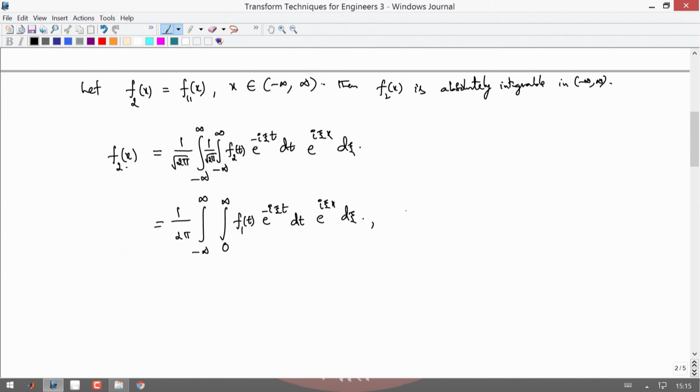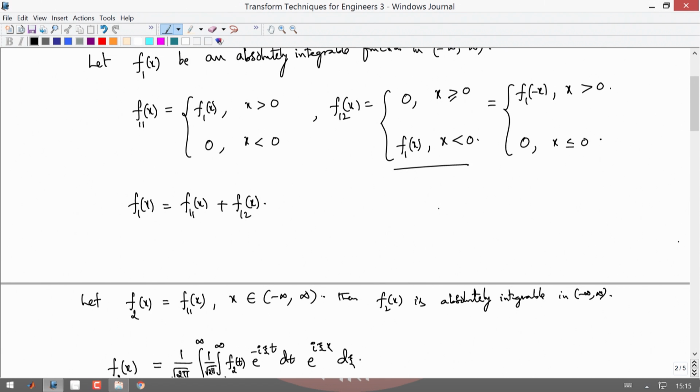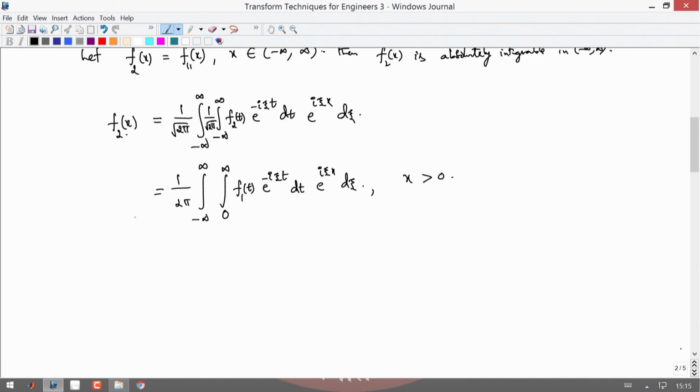So, if I choose the x positive side, I can write what is f 2. f 2 of x, x positive side, is the same as f 1 1 of x, and f 1 1 on the positive side is f 1 of x. So, f 2 is actually nothing but f 1 of x for x positive side.